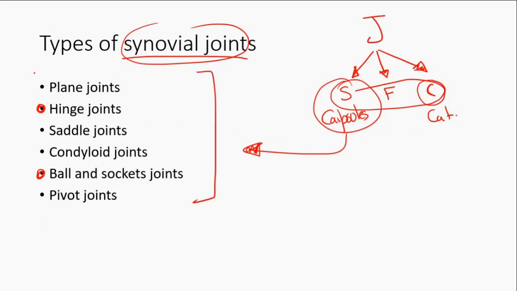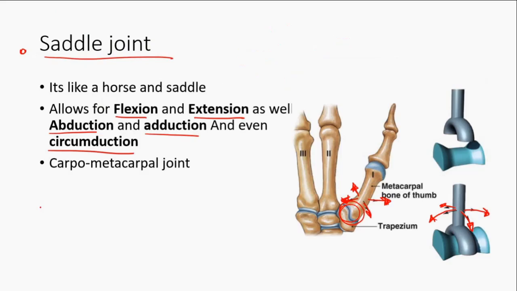You don't have to perfectly understand that this one allows flexion and extension and all that, but you should have a good understanding of it, so that if you read it, you'll be able to grasp the concept that the textbook is giving you.